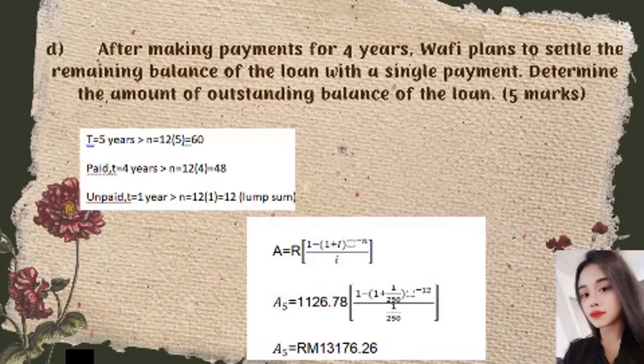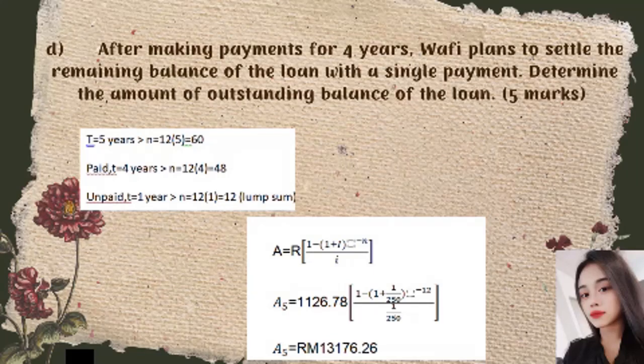So for question 2D, after making payments for 4 years, Wafi plans to settle the remaining balance of the loan with a single payment. Determine the amount of outstanding balance of the loan. So for the 5-year period, T equal to 5, n equal to 12 times 5, so the answer is 60.